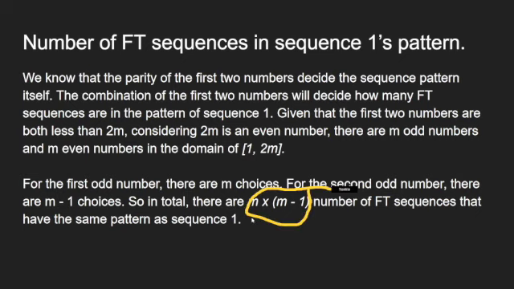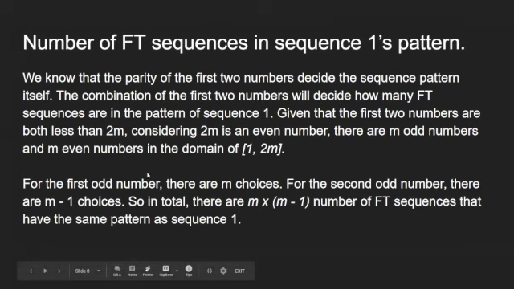That's the combination. So if you multiply the two choices, for example, if you're rolling two dice, then the possible outcomes of rolling one dice is 6. But if you're rolling two dice, then the possible combinations is 6 times 6, right? Oh, okay, I see. Yeah, so we minus 1 here because the first two are both odd numbers, and there are a fixed number of choices for this odd number.